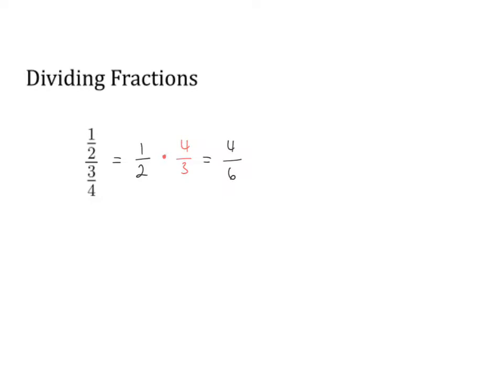All right, and last but not least, what I need to do here is quickly simplify. 4 divided by 6, both numerator and denominator are divisible by 2. So I'm going to go ahead and divide numerator and denominator by 2. And we get our final answer to be 2/3, or 2 divided by 3.